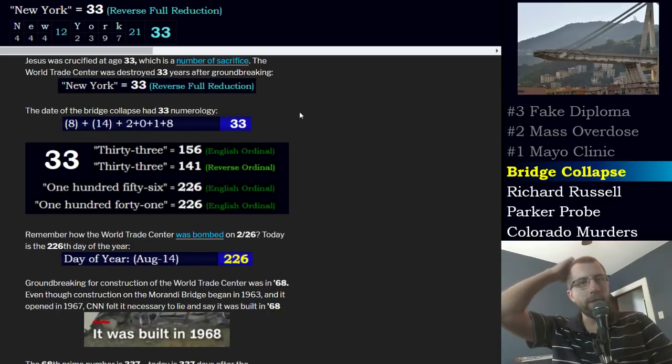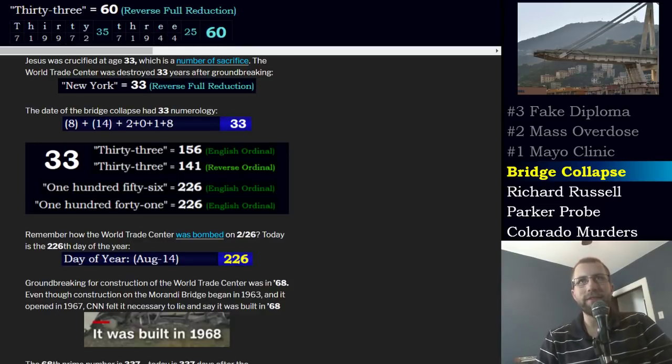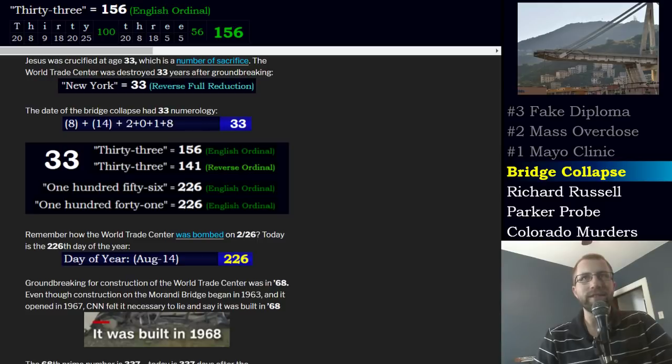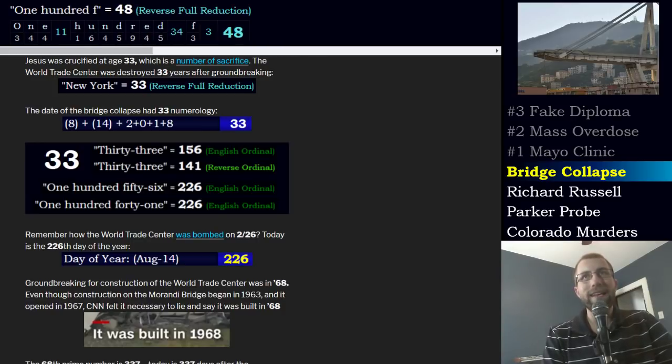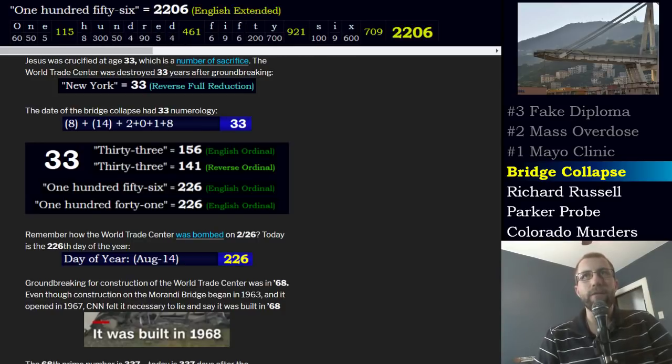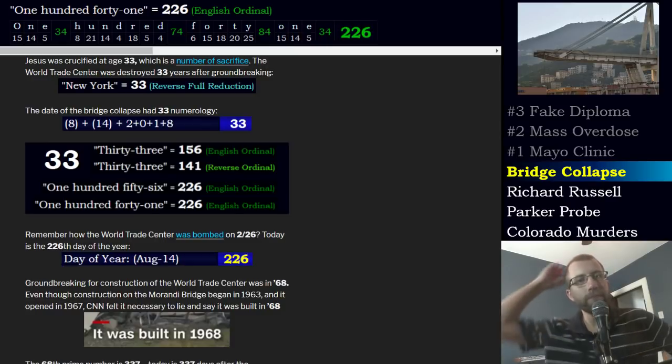And something I want to point out about the number 226, right? And this, again, ties back to the World Trade Center. So when you write out 33, you get these gematria values of 156 and 141. And when you write out either of these numbers in the alphabetic order, you get 226. See that? 226.